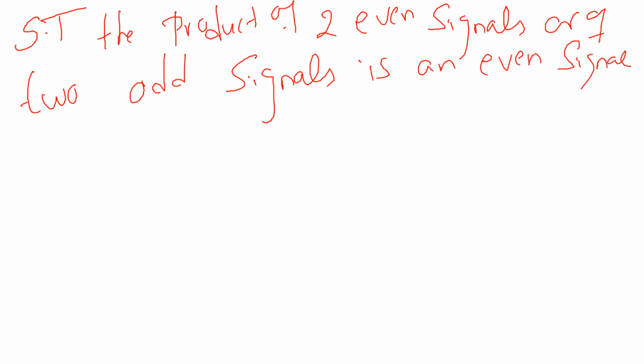That means the product of two even signals is an even signal, or the product of two odd signals is an even signal, right?